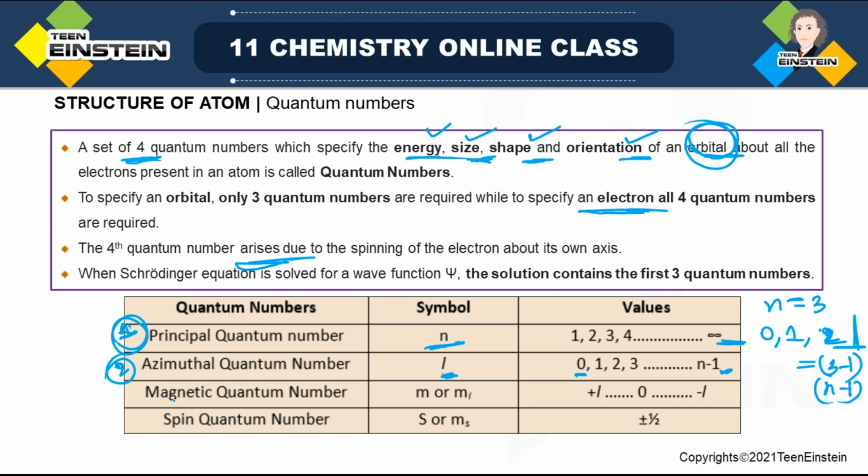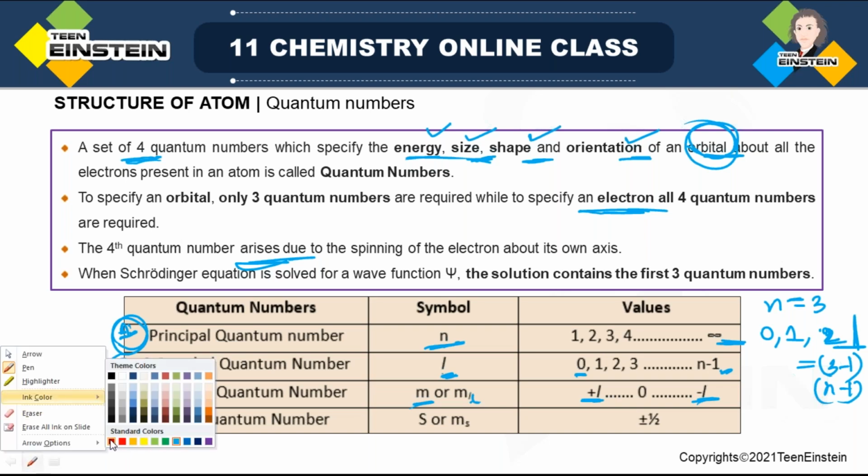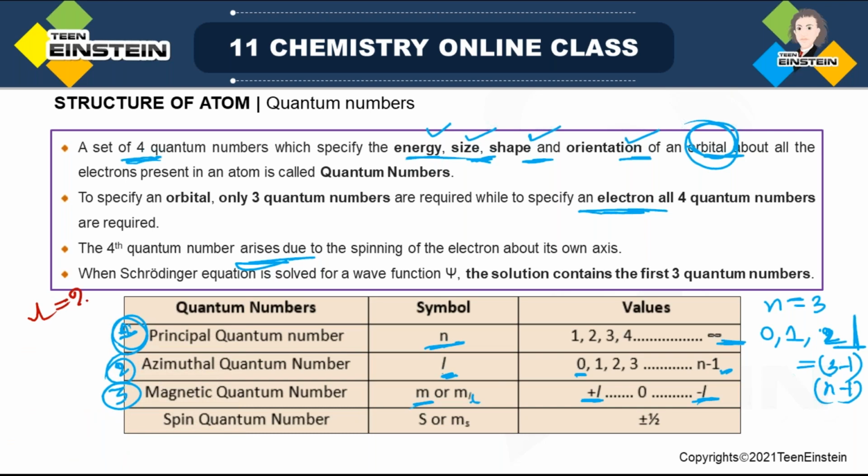Now the third quantum number, the magnetic quantum number. It is expressed by m subscript l, or simply m, and its value depends on l, the previous quantum number. How many values are possible? From plus l to minus l. Suppose l is 2: start from minus 2, the next value is minus 1, then 0, then plus 1, then plus 2.